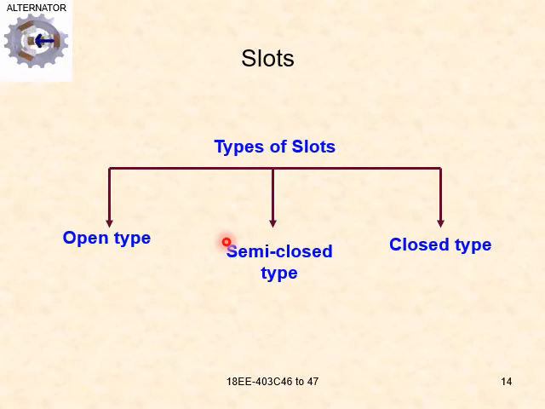A slot is the house for the conductors or windings, where all these windings are embedded in the slots. So that is why the slots are made. So the types of slots are open type, semi-closed type, and closed type of slots.